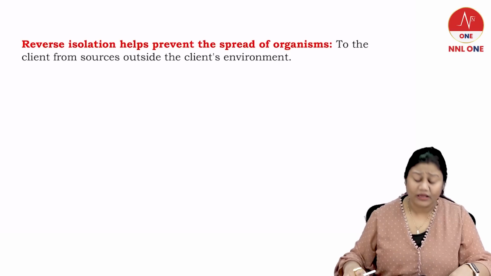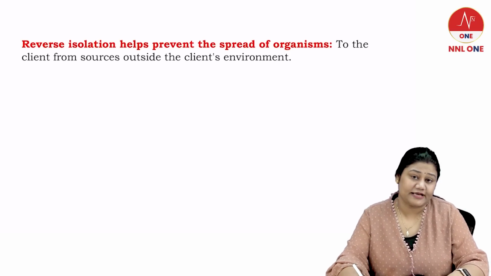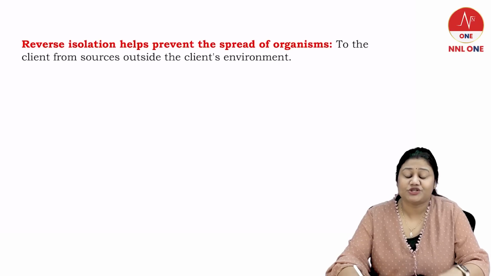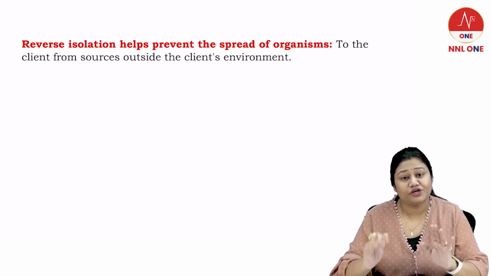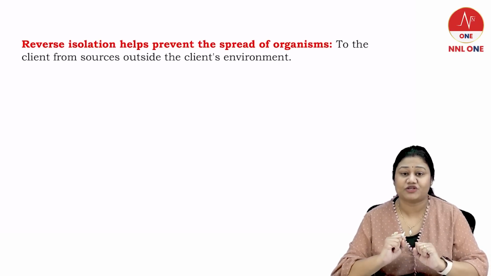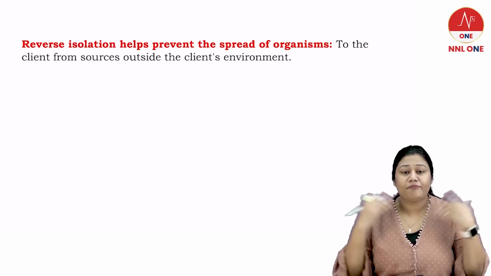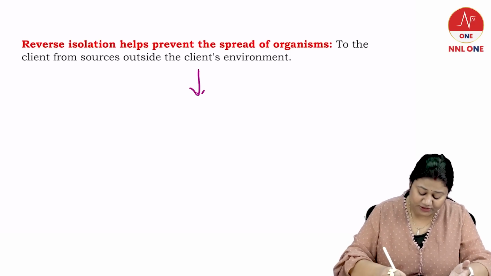Okay, now let us quickly revise the concept of reverse isolation. Reverse isolation is used for the patient because here the patient is immunocompromised and at high risk of getting infection from ourselves or from the hospital environment. So usually we place such a patient in a positive pressure room, right?